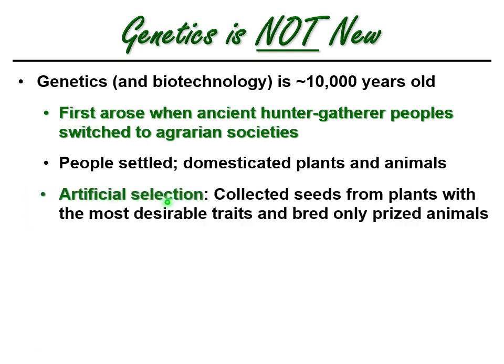So the farmer that selects a particular strain, or the ancient Egyptians that chose to use Saccharomyces winlocki, are basically giving us examples of artificial selection. And so artificial selection is where you collect seeds or tubers from plants with the most desirable traits, or you breed only prized animals. That is artificial selection. That is a form of biotechnology. So we've been doing that for a very long time.